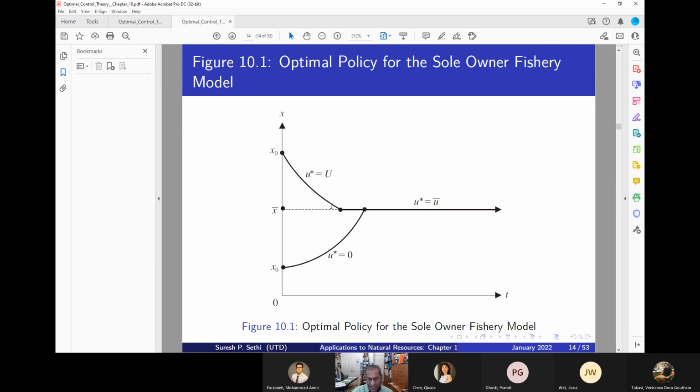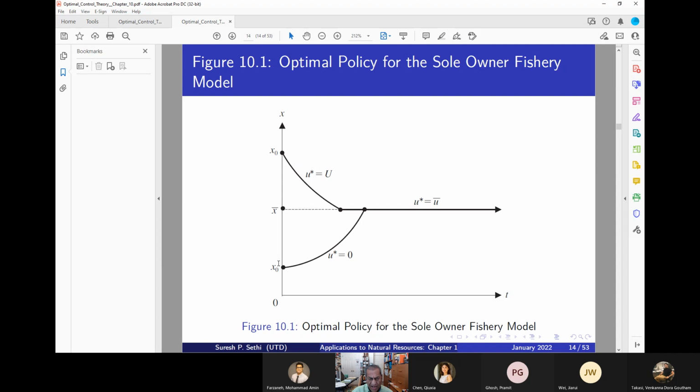So this is my x bar. If I have a big biomass, I will fish like mad at the highest rate allowed, and I will come to exactly this x bar. Then I will go to singular control and maintain this biomass at u bar. So the optimal biomass is u star, which is equal to u bar.